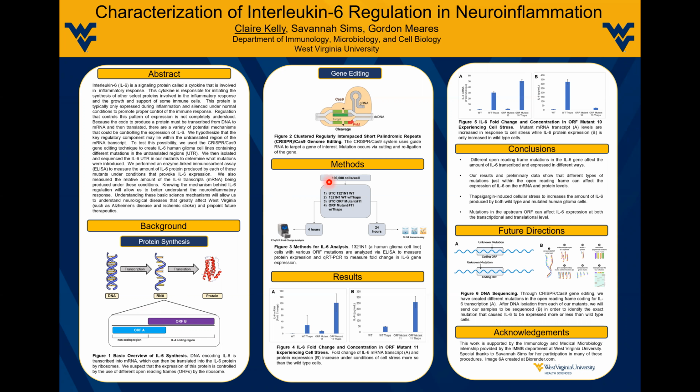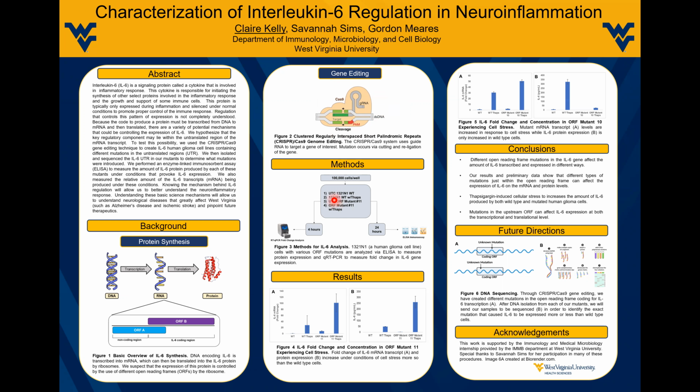So what we did was we used a human glioma cell line, and we made different mutants of these cells using the CRISPR-Cas9 gene editing system. What this does is it uses the enzyme Cas9 to cut a targeted area of the genome, which is found by this guide RNA.